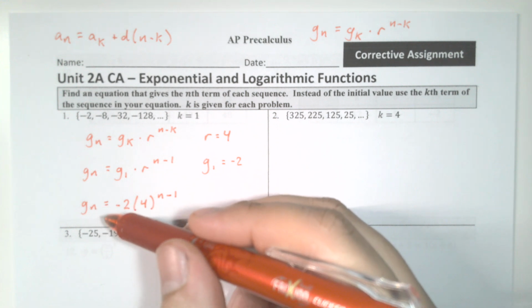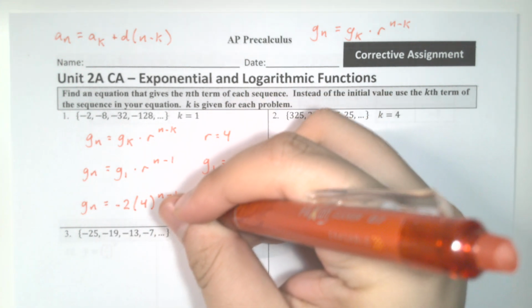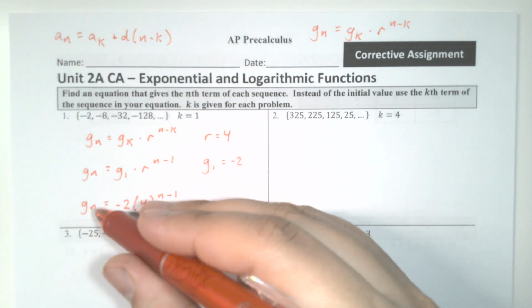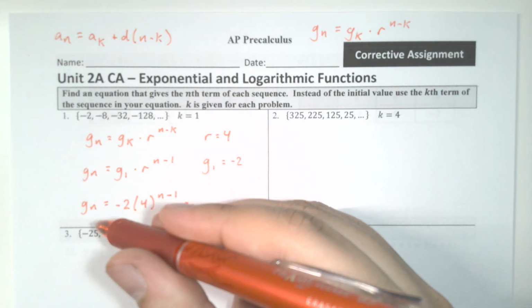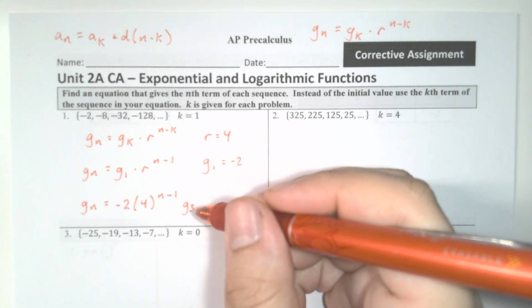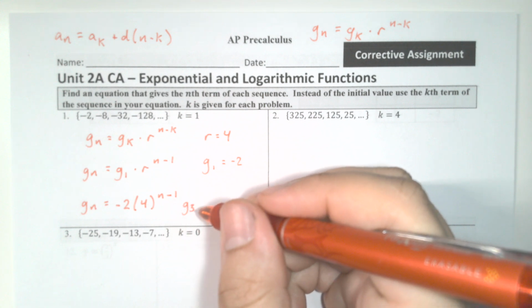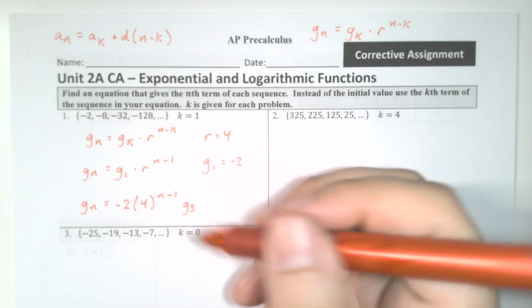So if we wanted to find g sub 3, for example, all we need to do is, just like a function where we evaluate g of n, evaluate g of 3. All we have to do is replace n here with 3, and it'll give us this term.